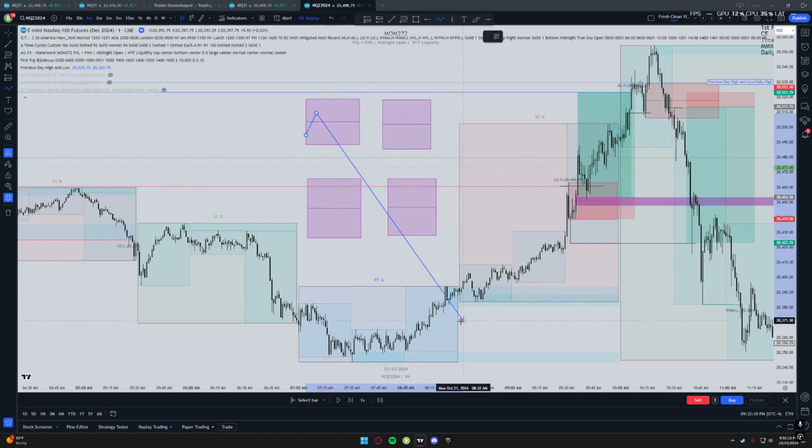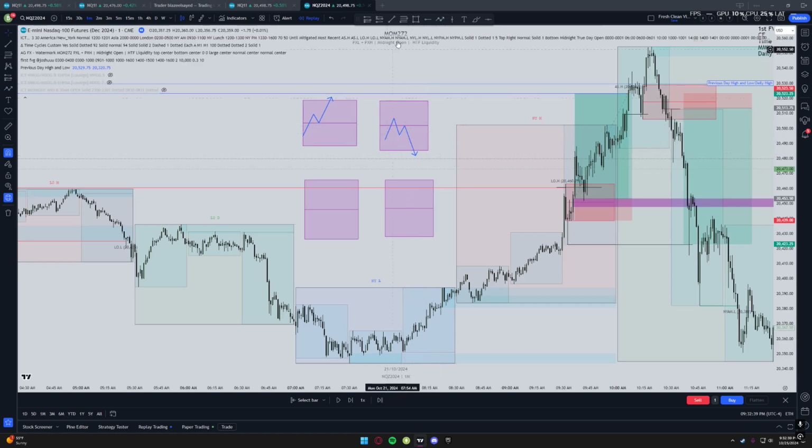So a box like this right here, we open and we come above this high of the last 30 minutes. Now we could do what we did here and we could come back to this high and then continue higher. It's a continuation. Or we open, we come above the high and we sweep it as liquidity, and then we come back, and maybe, we don't always, maybe we come back this way to get it as support to continue lower.